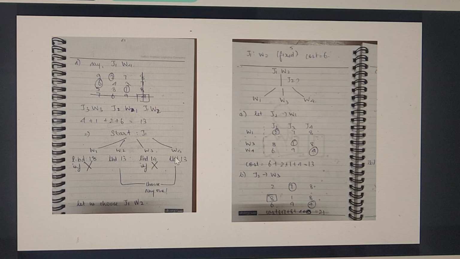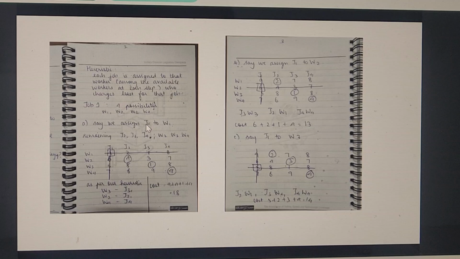Now we will use our heuristic function to compute the bound for each of these options. We'll start by assuming we assign job 1 to worker 1, and we'll try to compute the heuristic. What this heuristic means is: assuming I've assigned job 1 to worker 1, within the remaining 3 jobs and 3 people, what is the minimum cost I require across all configurations?